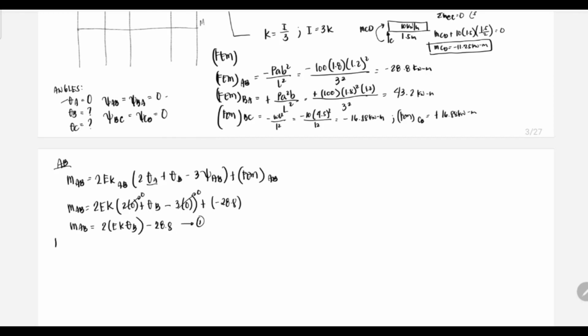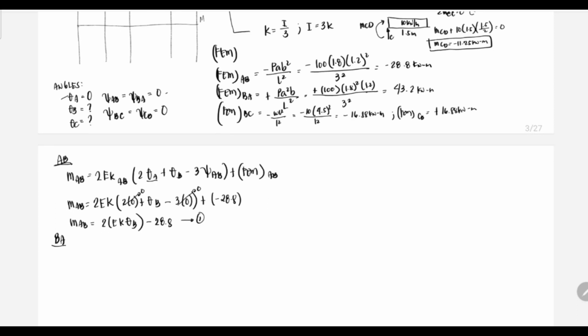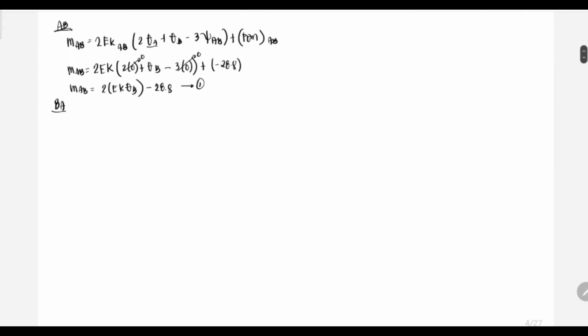Okay? Next, span BA. As you can see, after ng AB natin, BA naman yung susunod. Ibig sabihin, yung ating near ngayon ay B, yung ating far would be your A. So, moment BA, that is equivalent to 2EKBA, 2 theta B plus theta A minus 3 psi of your BA, plus fixed end moment of your BA.